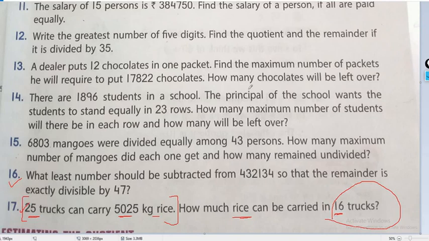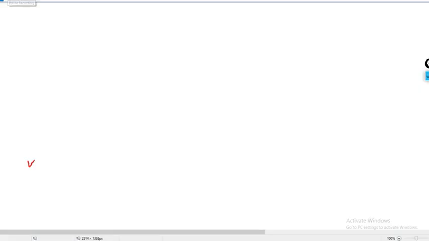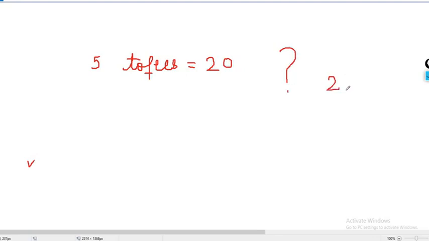For that also, just listen to my simple example. Like you are going to market. Okay, you have gone to the market and at the shop you want to purchase some toffees. The shopkeeper is saying 5 toffees cost 20 rupees. Okay, the shopkeeper told you that if you buy 5 toffees that cost 20 rupees, but you are saying brother, I want to buy only 2 toffees. So in this situation what will you do? Whatever the shopkeeper has told you, you will calculate the cost of 1 toffee.